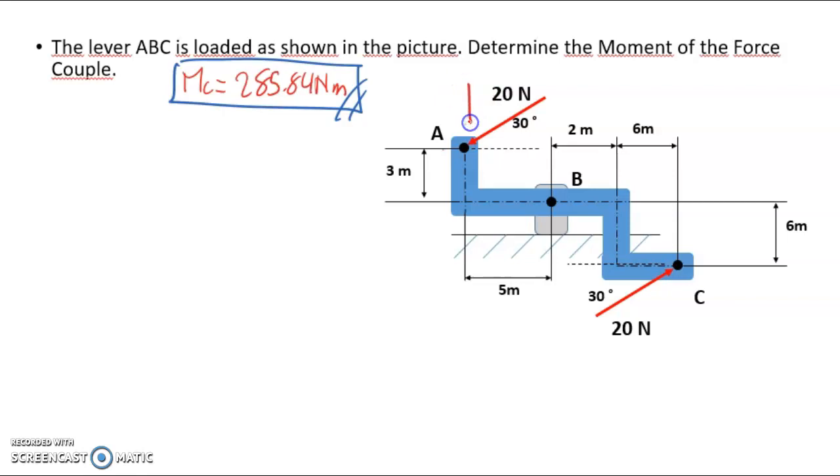We get a component of the force of 20 Newton that goes down like this, and we get another component that goes to the left like that. For the force in the lower part, we get the same: a component that goes up, and another component that goes to the right. So we could decompose these forces F into Fx and Fy.